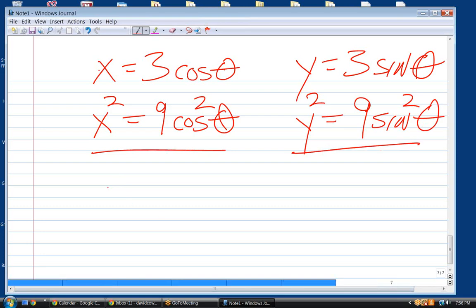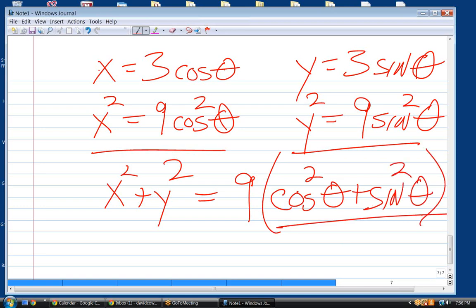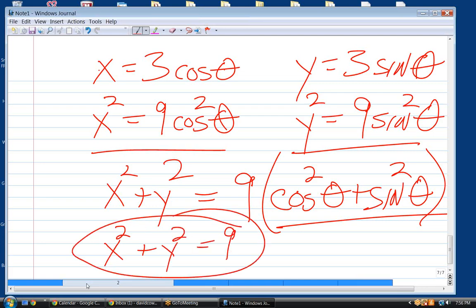So I got x squared plus y squared equals 9 factored out cosine squared plus sine squared. Now I can eliminate the parameter because that's equal to 1. So my result is x squared plus y squared equals 9, a circle of radius 3.